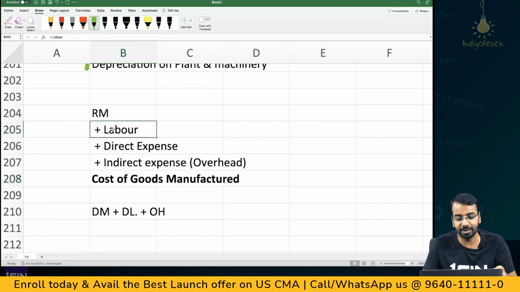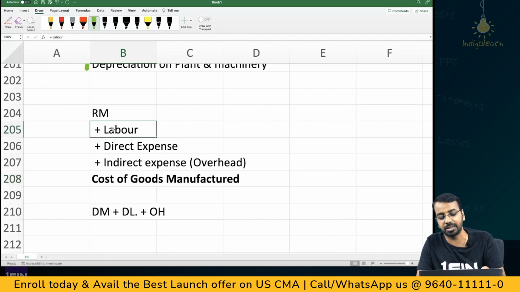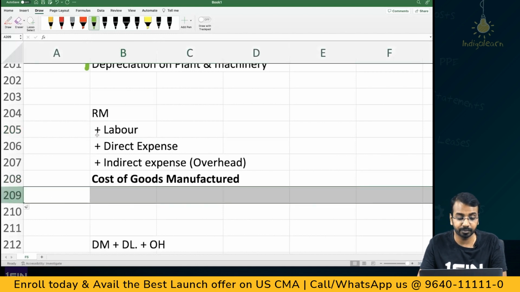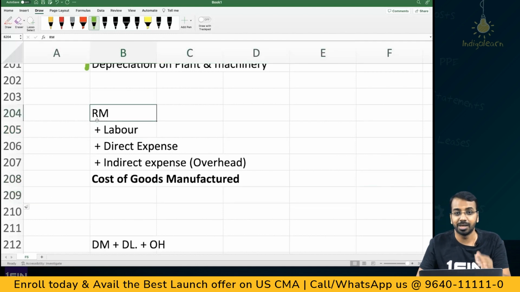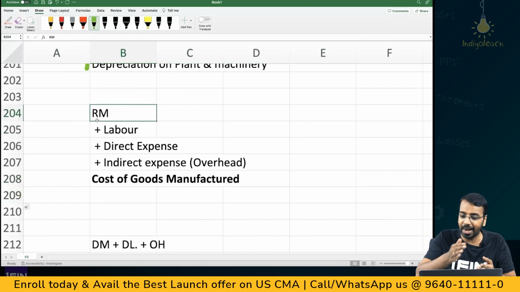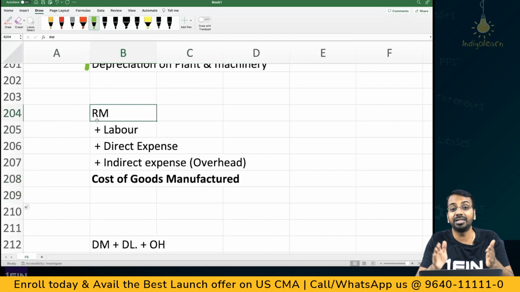Cost of goods manufactured means the total cost incurred by an entity to manufacture a final product. So you have material, labor, other direct expenses, and overhead. Sometimes what happens is, there may be work in process. Previous period work in process is worked into current period, and current period work in process is not yet complete, because everything may not be complete at the same time. Correct?